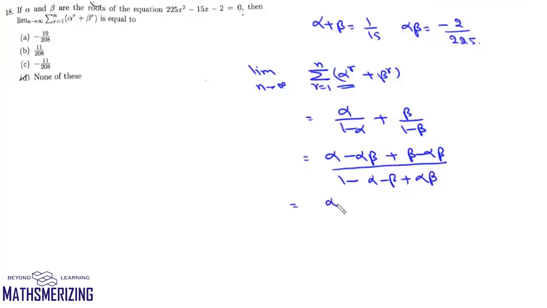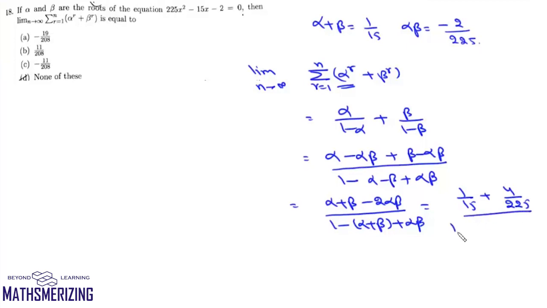So this value will be (alpha plus beta minus 2 alpha beta) upon (1 minus (alpha plus beta) plus alpha into beta). Now alpha plus beta is 1 by 15, and then minus 2 alpha beta will be plus 4 upon 225, and it will be 1 minus 1 by 15 and then plus alpha beta. So it will be minus 2 upon 225.